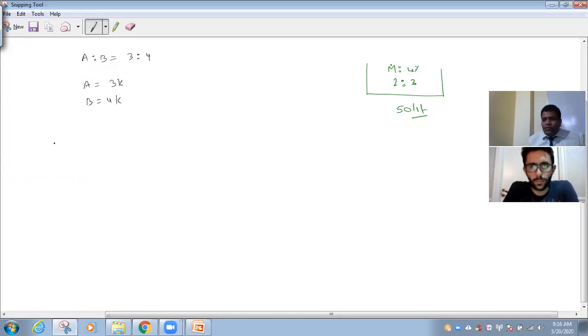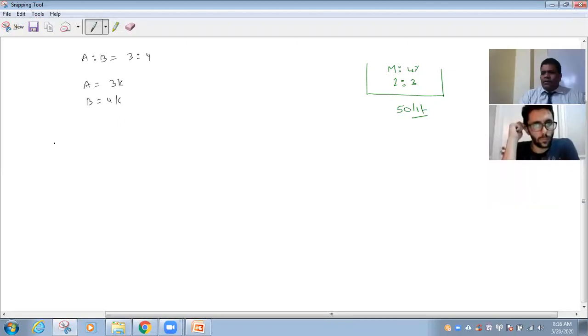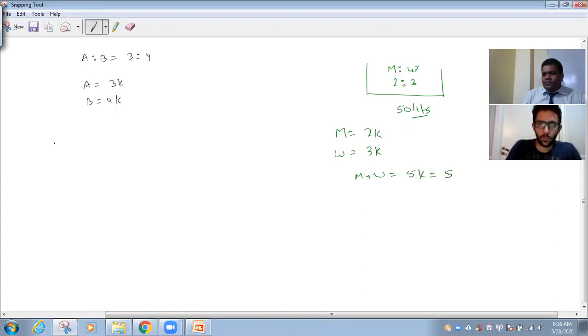No. The meaning here is that whatever the total solution, 2 parts are milk and 3 parts are water. Am I right? So let us say milk is 2K, water is 3K, and what is milk plus water? 5K, which is 50. So what is K?